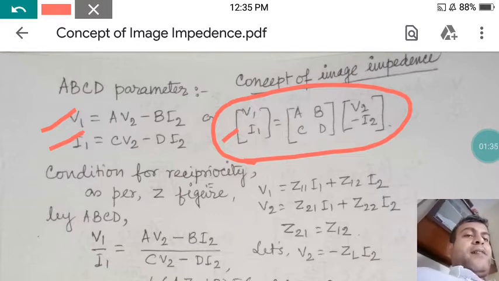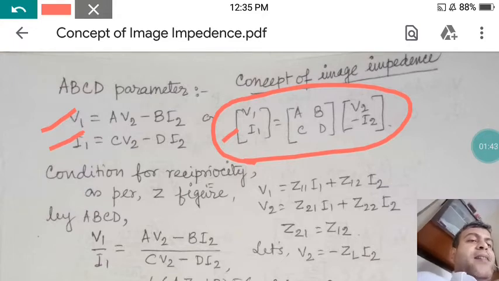So what is the condition for reciprocity? For reciprocity, you know you have to short the output port once and then the input port once. So in the Z terms, we can write that Z21 equals Z12.